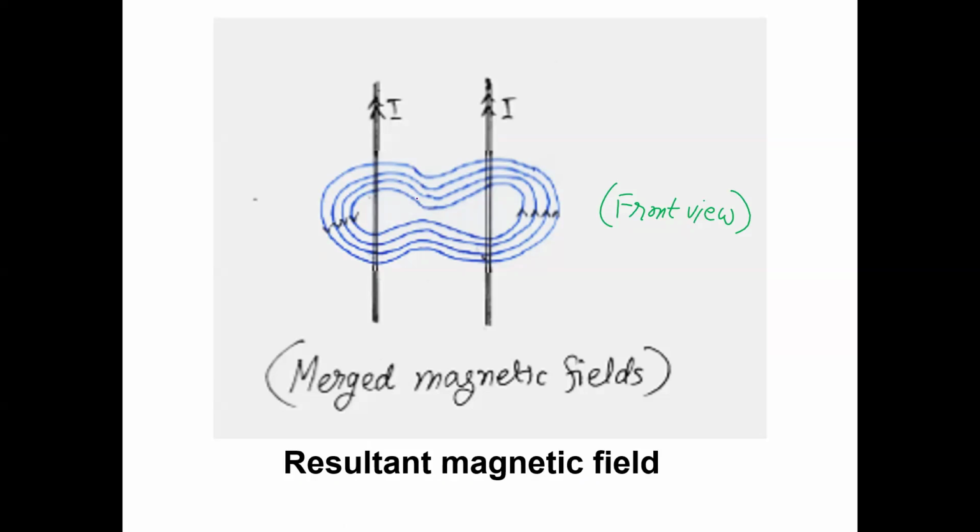So right under it, we are towards the end of this concept today. Right under it, the two magnetic fields would be in the same direction.